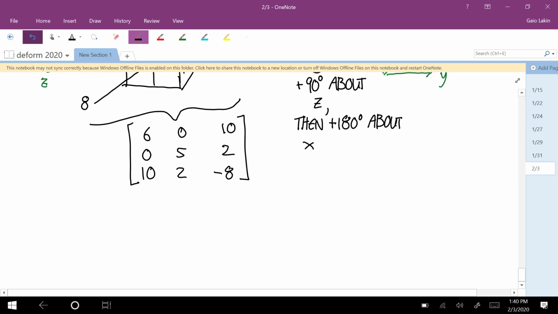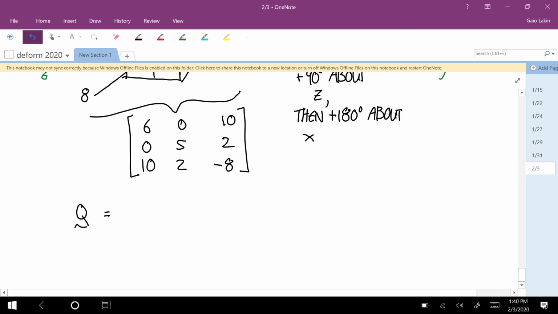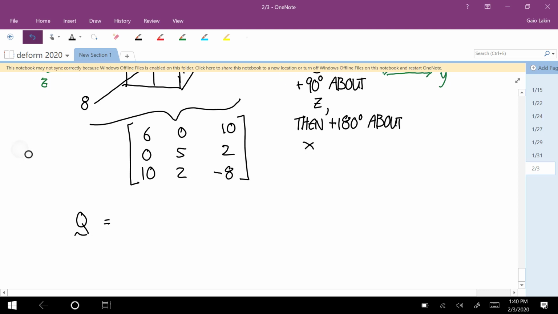So then Q is going to be, when you multiply these, you multiply from the right side to the left side. So our first one on the right side is going to be, cosine of 90 is 0. We're doing it about z. Sine of 90 is 1, then 0, then negative sine of 90, then 0, okay?